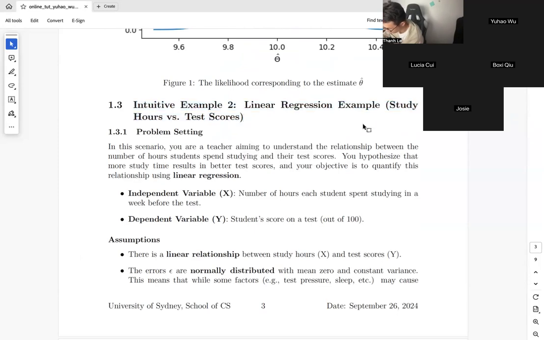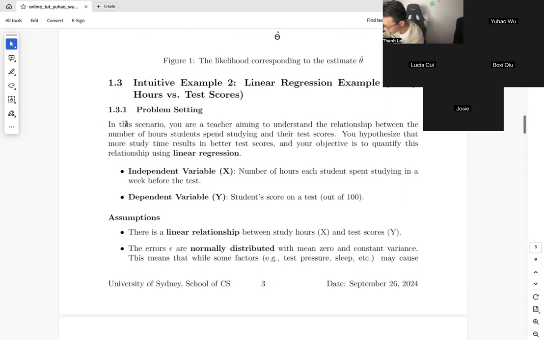This is about linear regression. We already know that for linear regression, we have an independent variable x and a dependent variable y. In this one, we have a very simple probability problem.